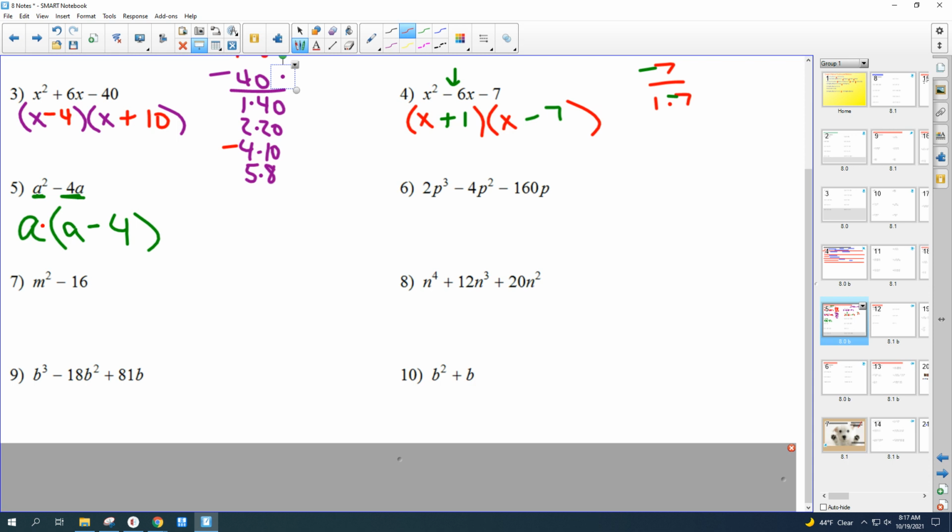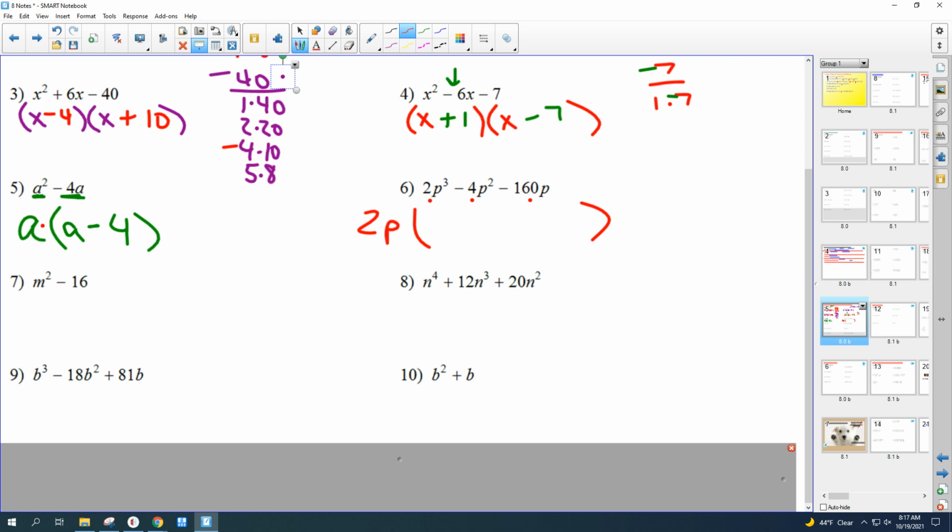There's something in common. All 3 of these terms are divisible by a 2, and also they all at least have 1 p in them. And so I would factor that out, and then I would write in parentheses behind here what's left over.